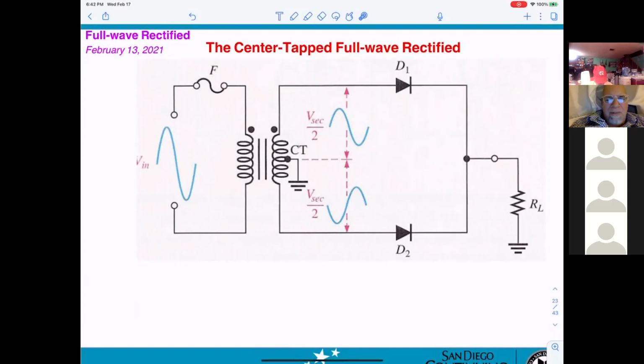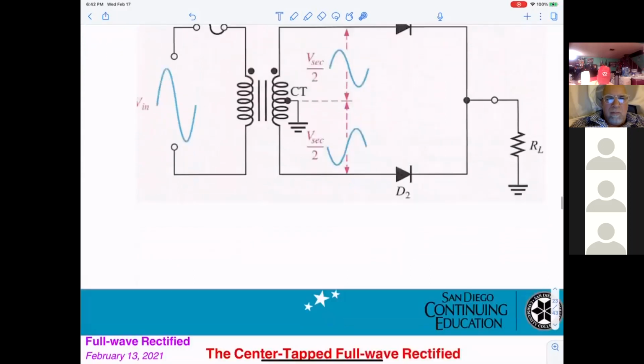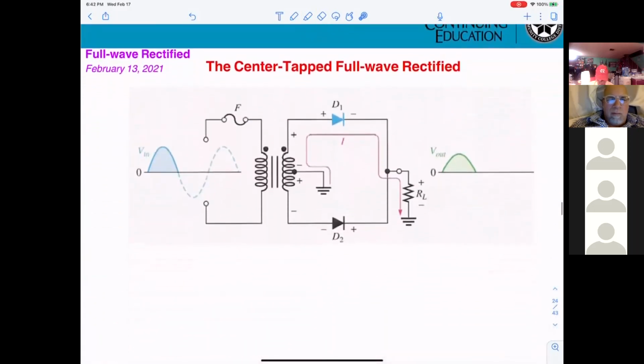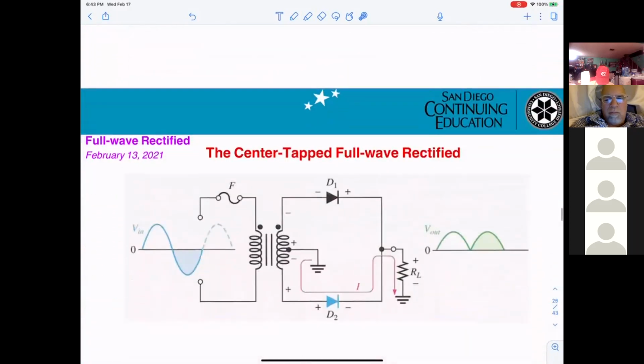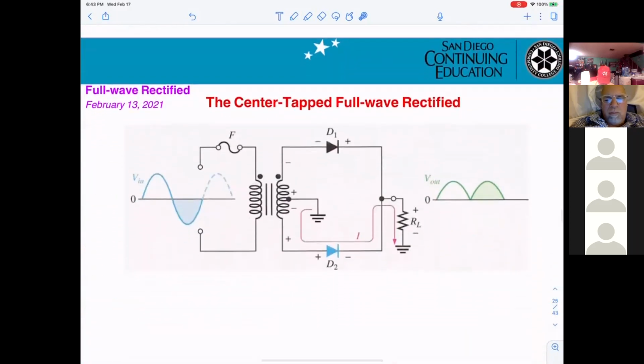And it still works like a full-wave rectifier. This shows that when the input is positive, the output is rectified for that part, and they show how the current flows. And when you go into the negative here, the second diode rectifies.